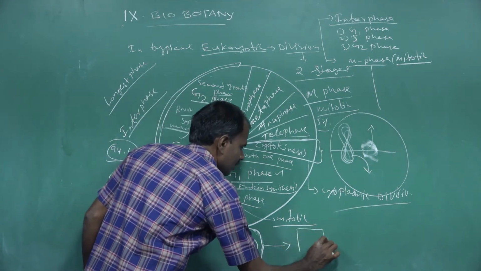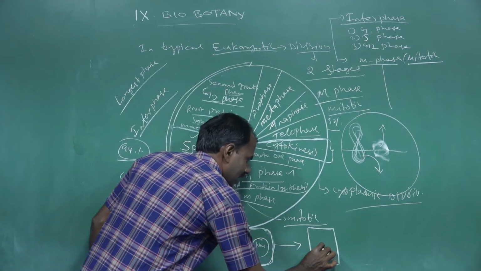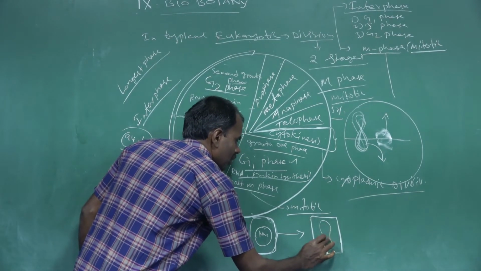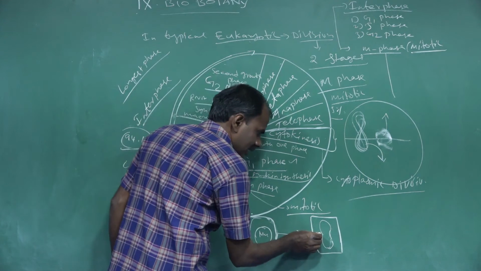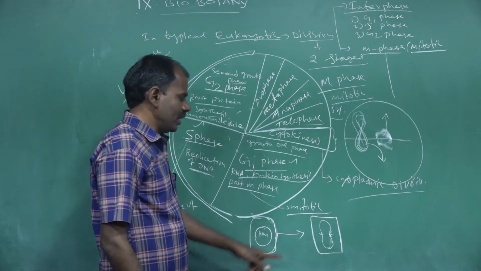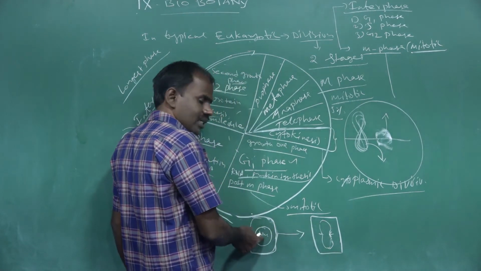The elongated filaments and nuclear materials elongate, and a constriction is formed in the nuclear membrane. It is an elongated spherical shape of nucleus.